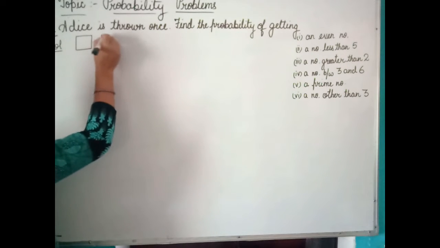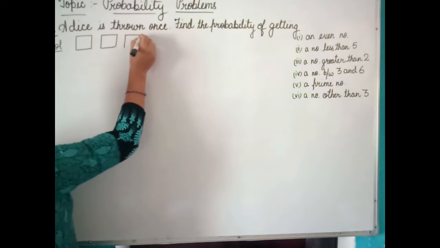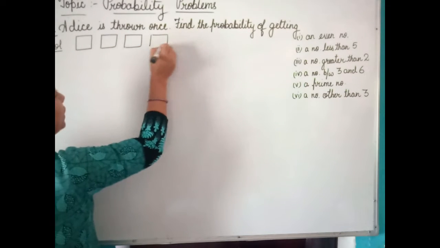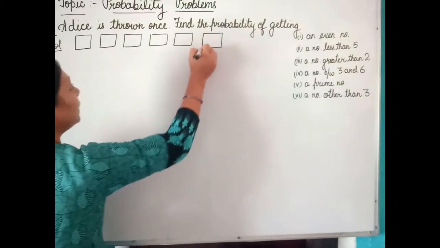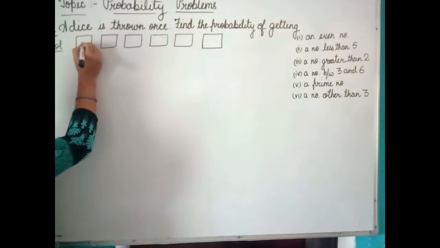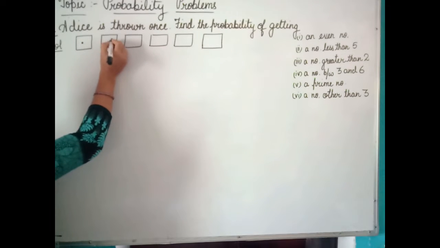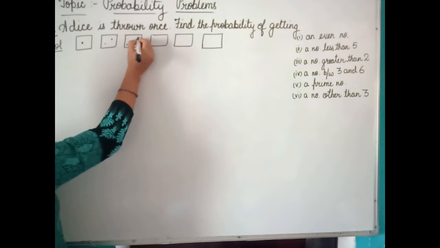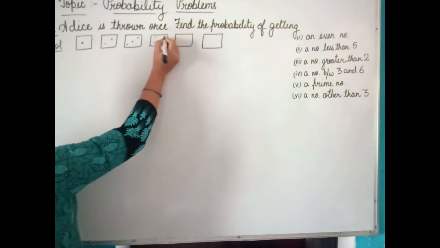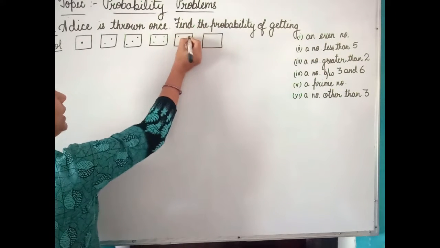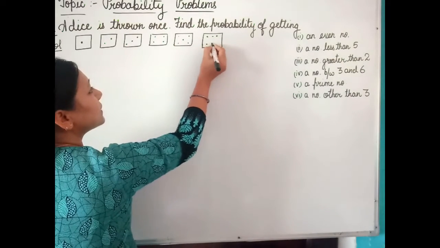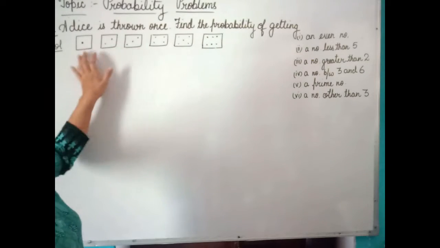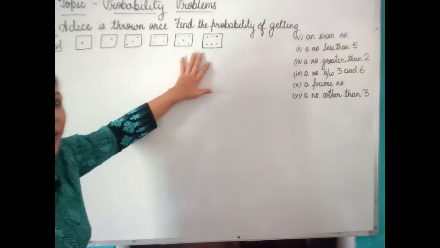You must know that a dice is of a cube shape, and in these blocks I am showing you the outcomes. What are the possible outcomes in a dice? There is a 1, a 2, a 3, 4, 5 and a 6. So these are the 6 faces showing 6 different numbers of the dice.